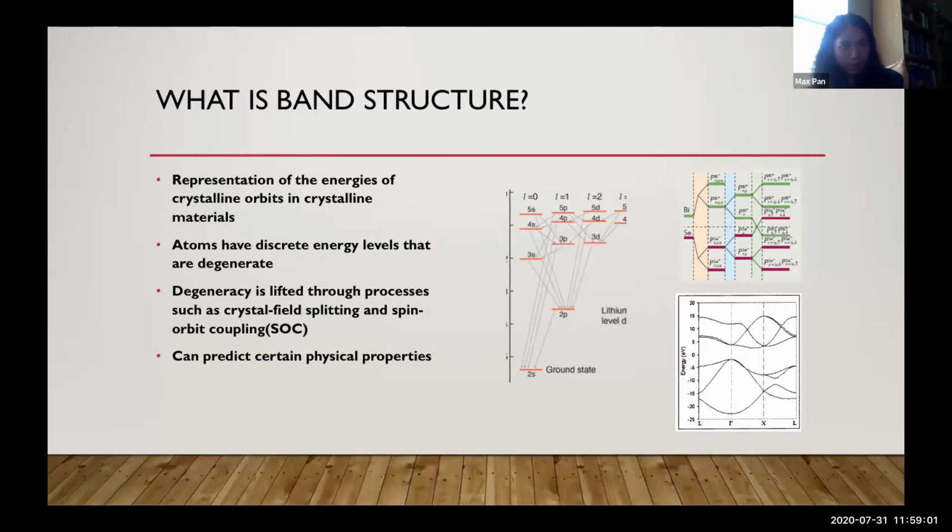So what is band structure? It is the plotting of energies of molecular orbitals in regions of space. Atomic orbitals are characterized as having discrete energy levels and are degenerate as well. However, when they bond with other atoms to form molecules, these degeneracies get lifted and give rise to a complex band structure, which can be used to determine certain physical properties.